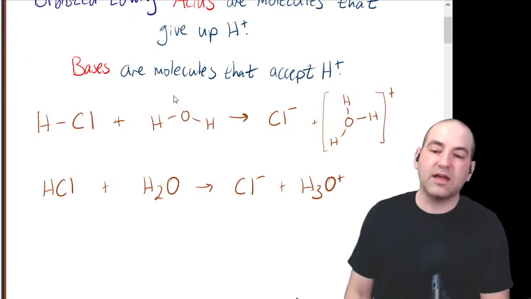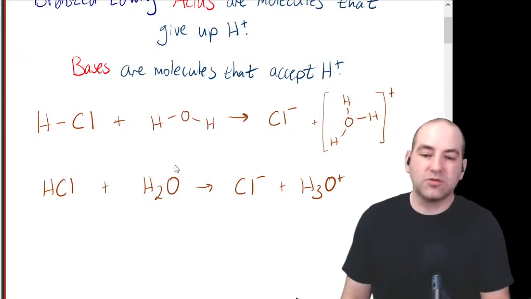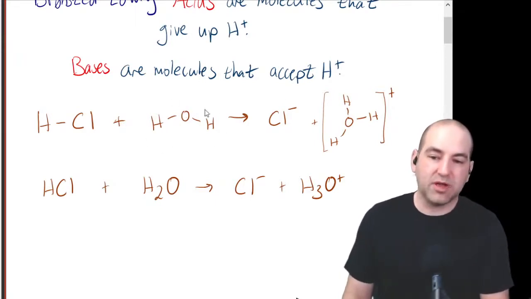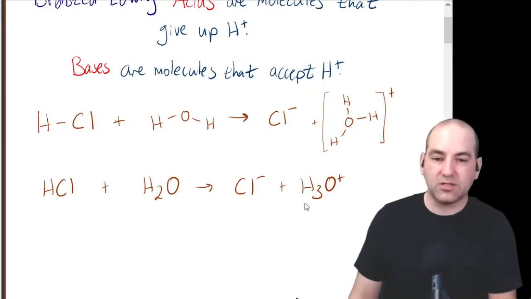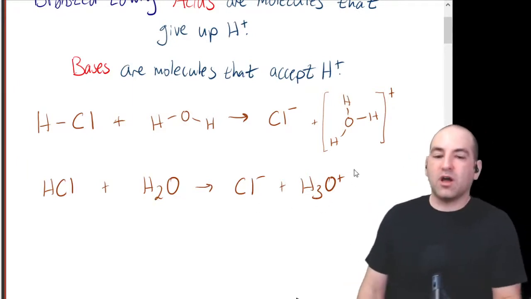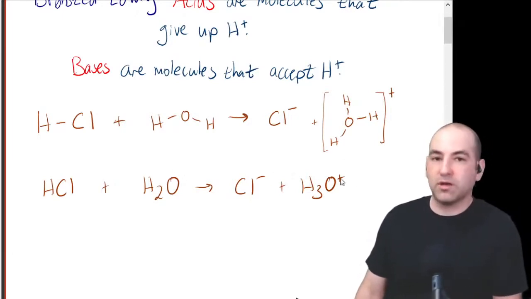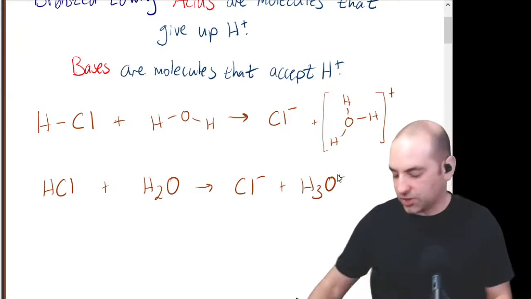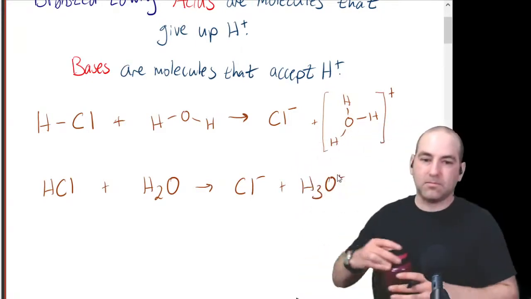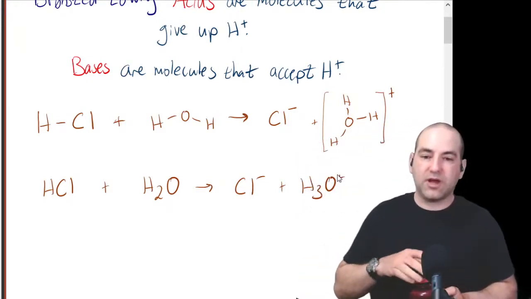And then on the other side, the water, the H2O, is gaining that H+. So not only is it gaining the H to go from H2O to H3O, but it's also gaining a charge. It's going from neutral to +1 because it's gained that plus charge. So both of those things are happening here.